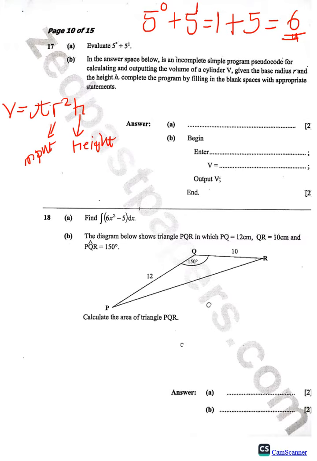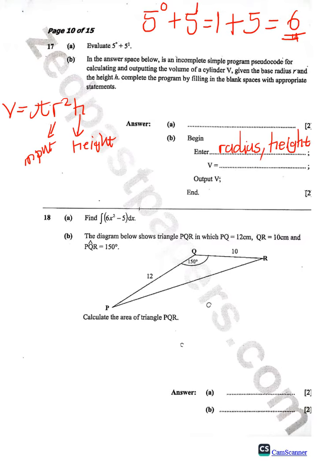So let's now begin. So begin, enter. We are going to enter radius. Whenever you are trying to indicate the enter, you need to put the information that is referred to as the input. So we enter the radius, then the other one is the height.